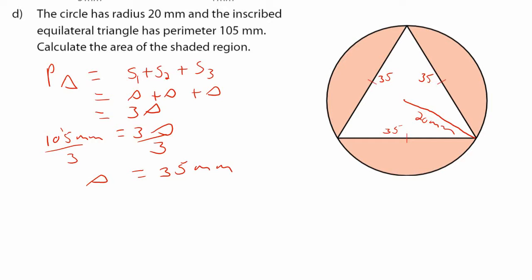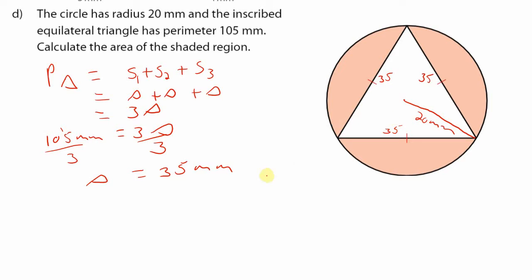So now we want to calculate the area of the shaded region. The shaded region is our circle, so we know the area of the circle. We have to subtract the area of the non-shaded part, which is the triangle.